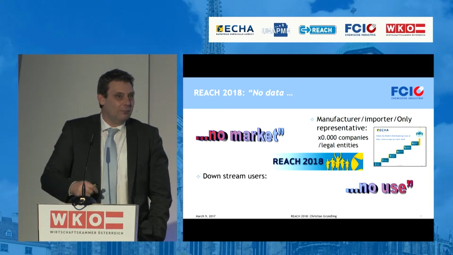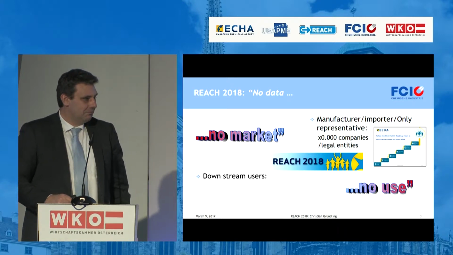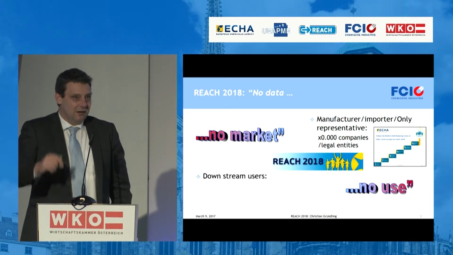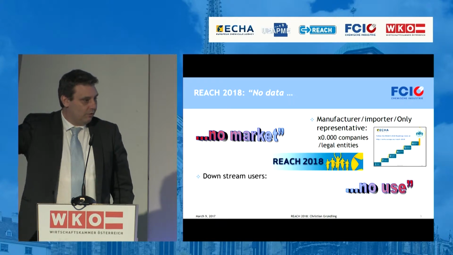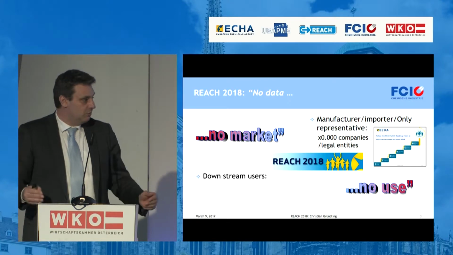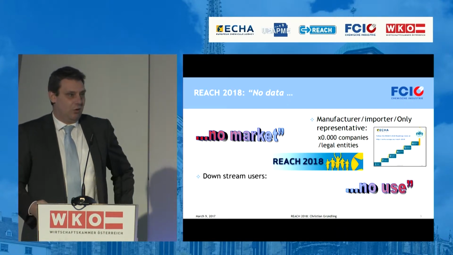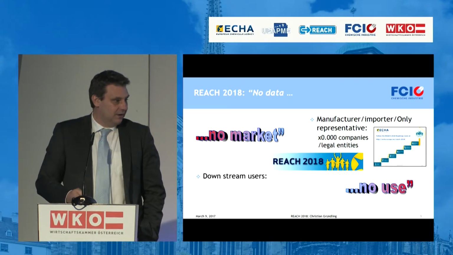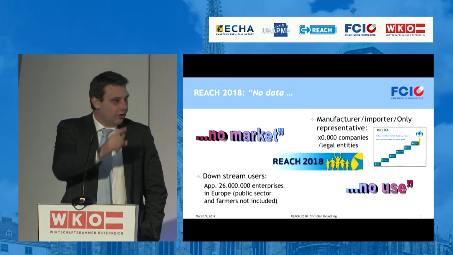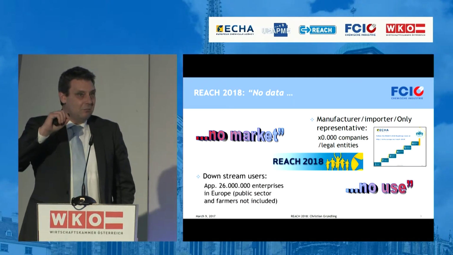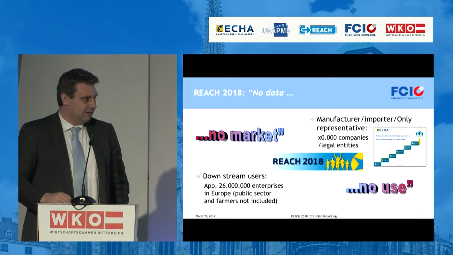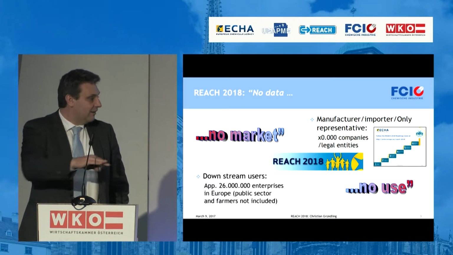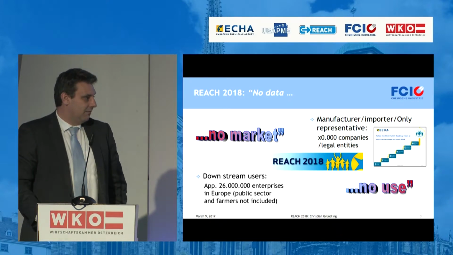But if we are talking about downstream users, if there are no data, if there is no registration, there is no use, because you do not get that substance anymore. And now we are not talking about 10,000 companies. We are talking about 26 million enterprises which can be regarded as downstream users. Public sectors and farmers are not included there.